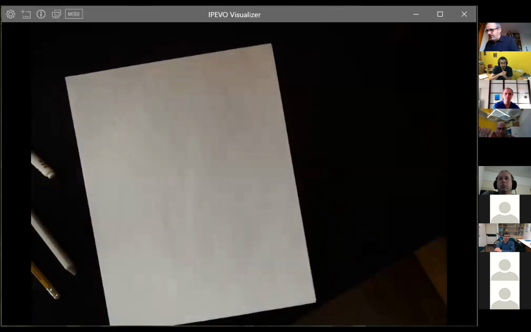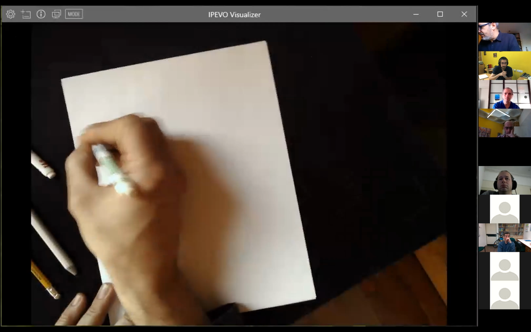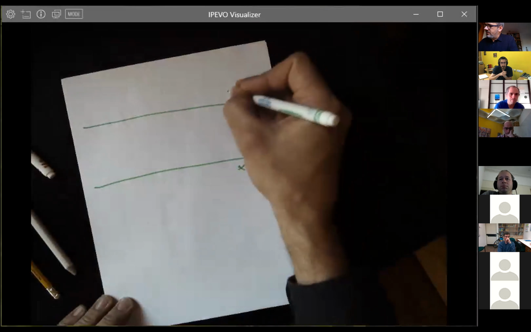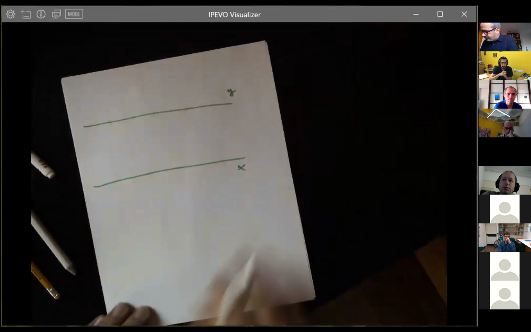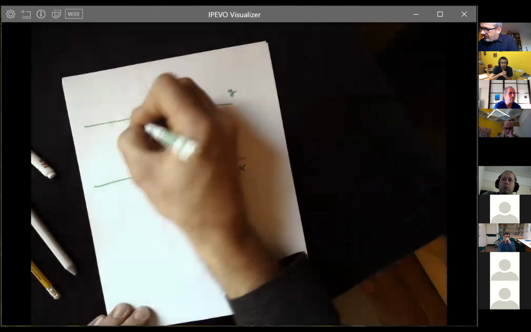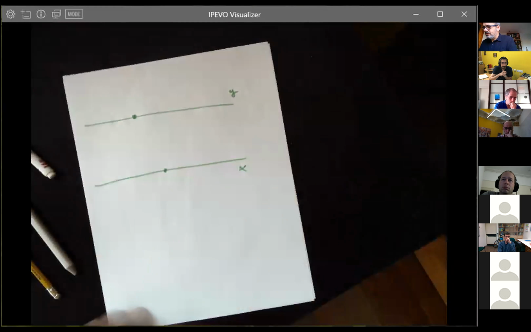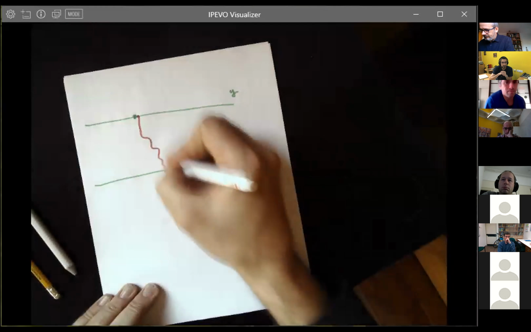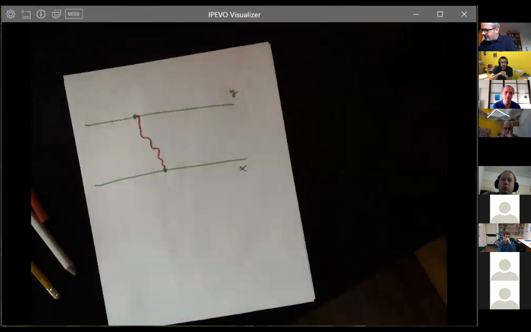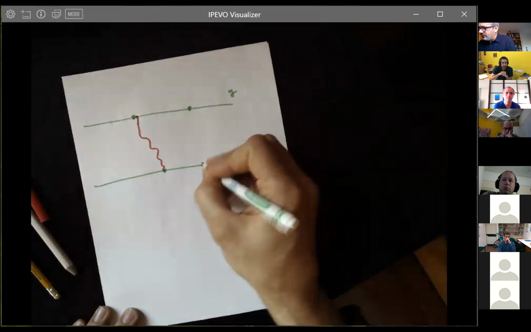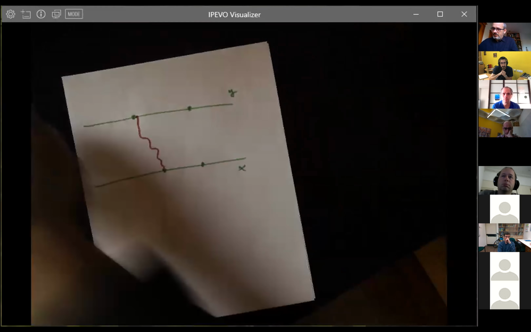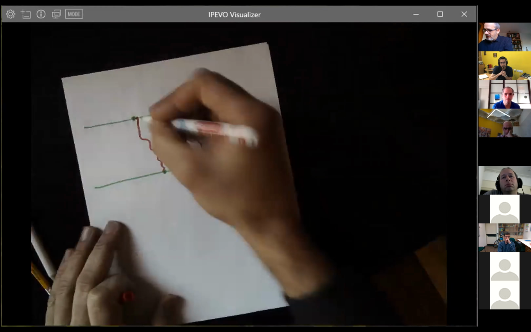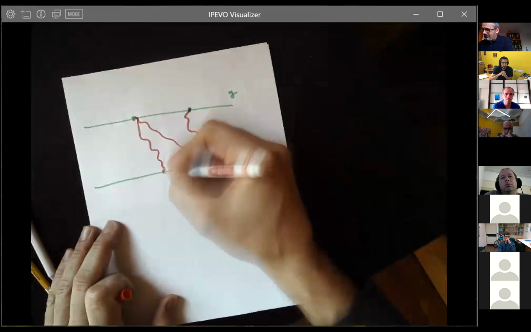Yeah. Okay, so here's what happens. You have two lines, and x is moving on this point, and y is moving on that point, and what you describe is their distances. So here is an interesting thing. If you take two points on the top and two points on the bottom, they give you a quadrangle, and you have diagonals on the quadrangle.